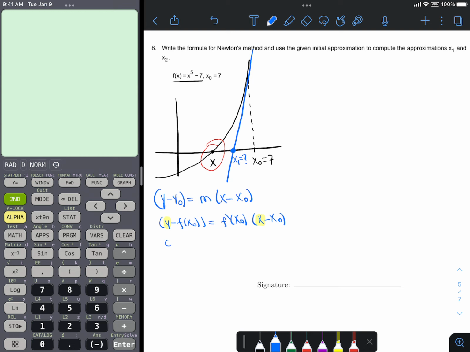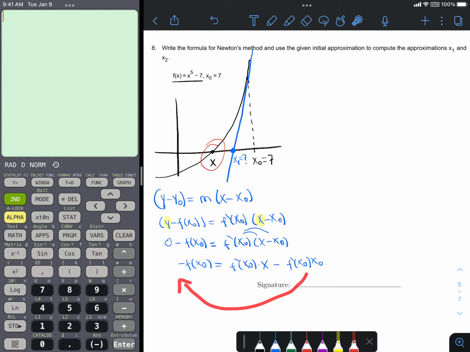So 0 minus f of x0 equals f prime of x0 times x minus x0. Distributive property. And remember, I'm trying to solve for x. Actually, I could have done this differently. It would have been a better course of action, instead of using the distributive property, to just divide this entire thing.